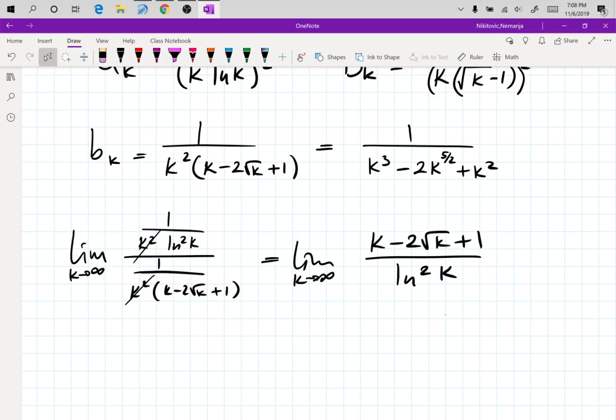I have k minus 2 square root of k plus 1 divided by ln k squared. Let's see, what do we get? We also get infinity, so the test is inconclusive.